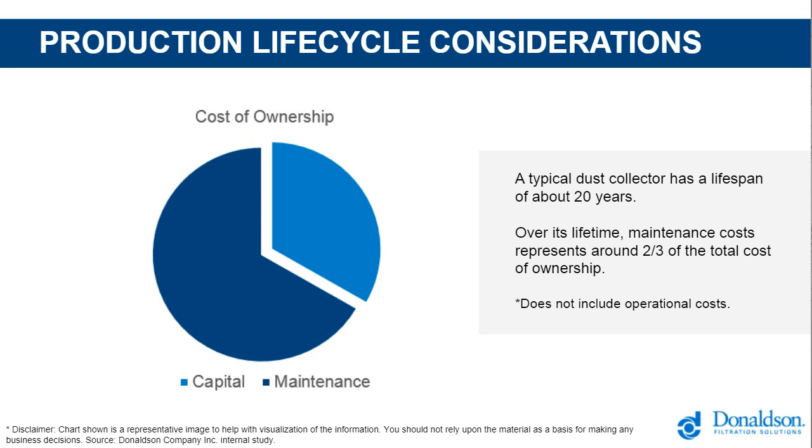So this graph shows you the cost of ownership without taking into account the operational costs. Over the lifetime, in a normal way of operating your system with proper maintenance, 2/3 of your total cost is already maintenance. But that 2/3 or 67% can very quickly go up to 80%, 90% if you're not doing proper maintenance.